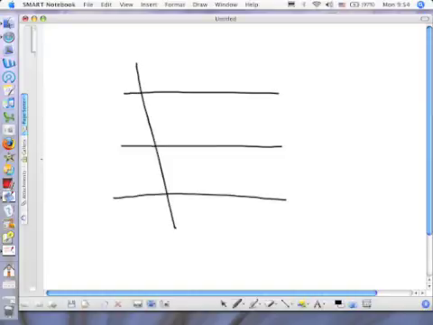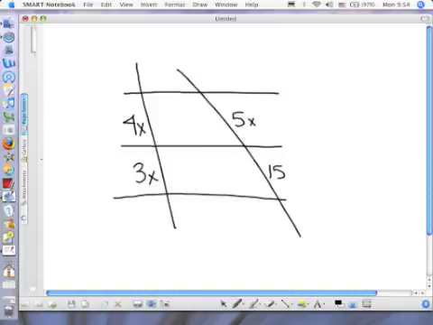There was one here creating values of 4x and 3x. There was one here creating values of 5x and 15. This was number 11. These 3 lines are said to be parallel.